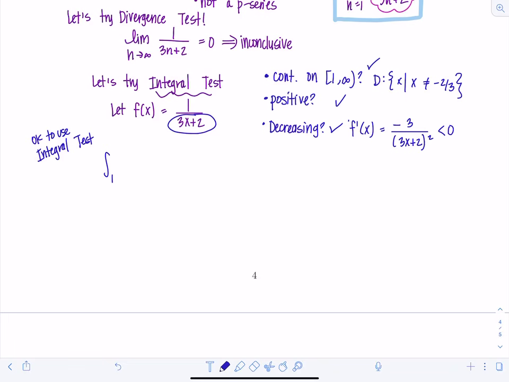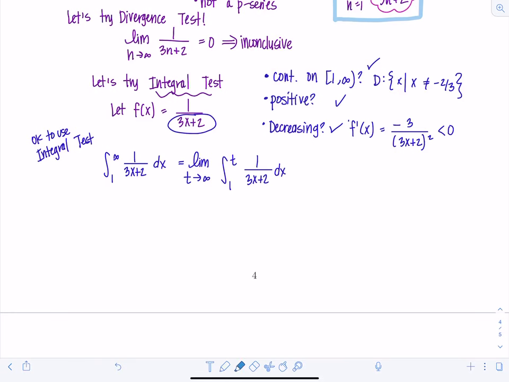Okay, so let's write out our improper integral. We have the integral from 1 to infinity of 1 over 3x plus 2 dx. And this equals the limit as t approaches infinity of the integral from 1 to t of 1 over 3x plus 2 dx. Okay? Now come on, at this point you don't need to do a full u-sub.